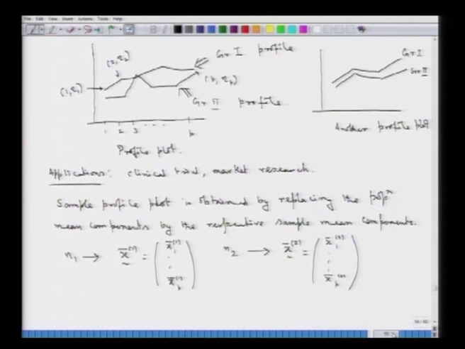Given that we have unknown population profiles of this nature or some other nature, there are certain points of interest in profile analysis. In profile analysis we answer the following questions.